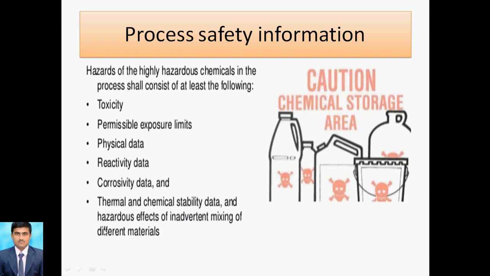So these types of actions will be available for chemical mixing, or say chemical mixtures. So we can identify according to that, and then we can behave according to these hazardous conditions. So this is nothing but chemical hazards.